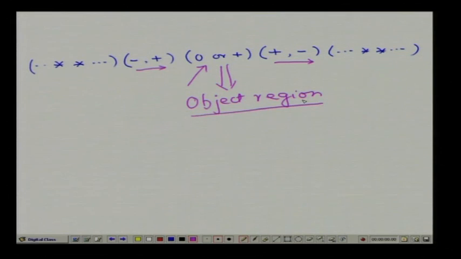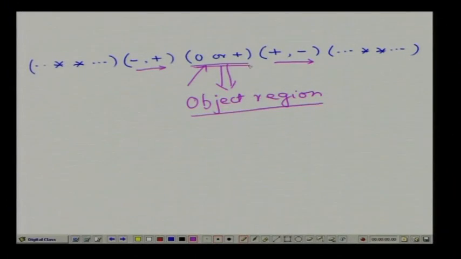So, for segmentation purpose, when I scan this intermediate image S(x,y) either along a horizontal line or along a vertical line, then only this part of the scan line, which is represented by this inner parenthesis, all those points I will make equal to 1, and the rest of the points on this scan line I will make equal to 0.